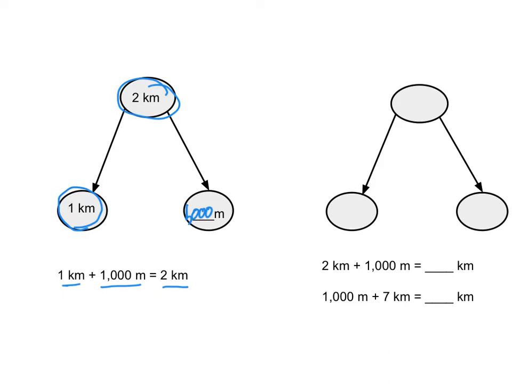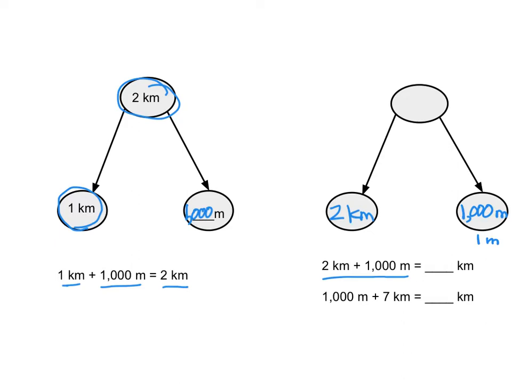Let's look at the next one. So we're going to set it up a little bit differently. It's totally blank right now. We've got 2 kilometers plus 1,000 meters equal how many kilometers? Well, let's put those two at the bottom. We'll put our 2 kilometers at the bottom and our 1,000 meters at the bottom of our number bond. And we know that 1,000 meters is the same as 1 kilometer.